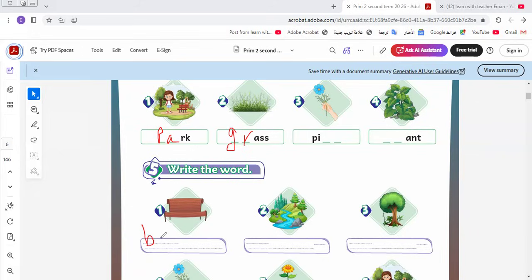Here we have pinch. And here we have lake. I think it's lake. Let's go to another one.